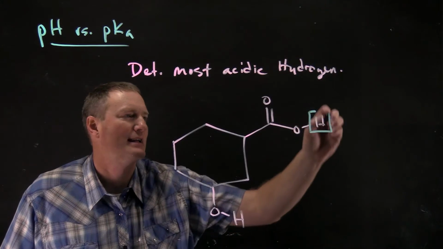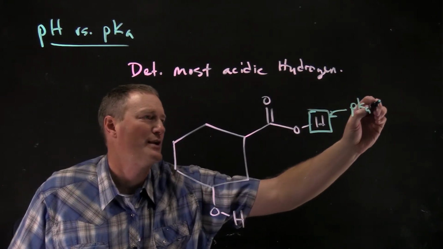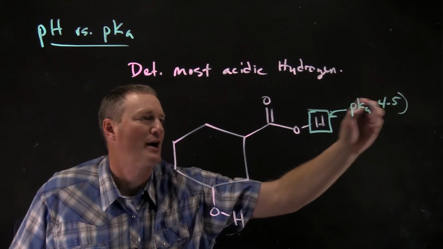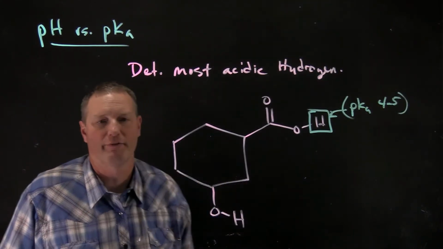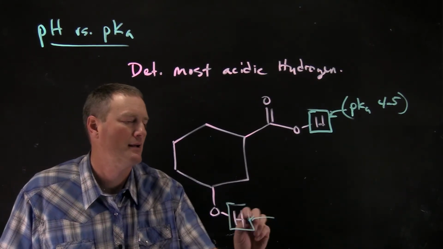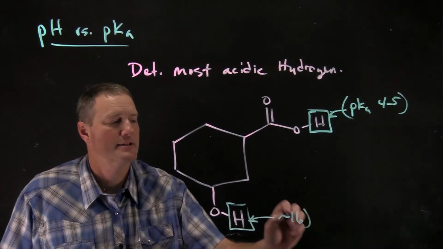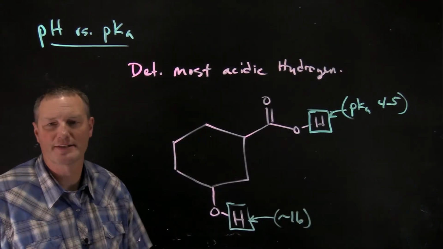If I looked at a carboxylic acid proton, its pKa is between 4 and 5, depending on the structure. An alcohol proton has a value of approximately 16. I listed those out in that little table in the previous section of the video.